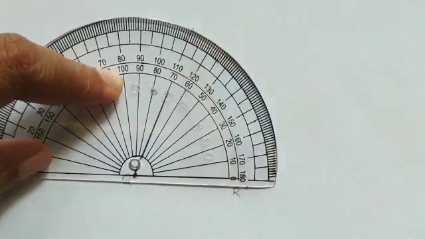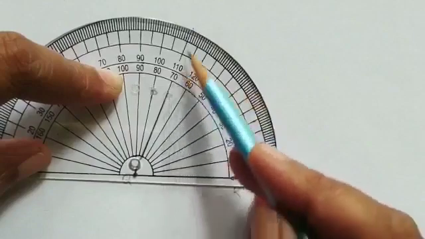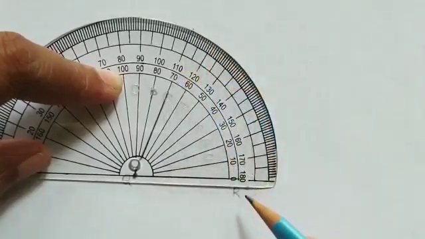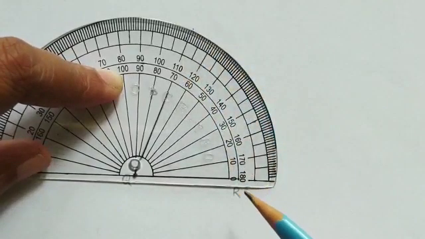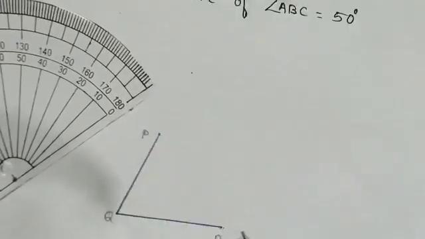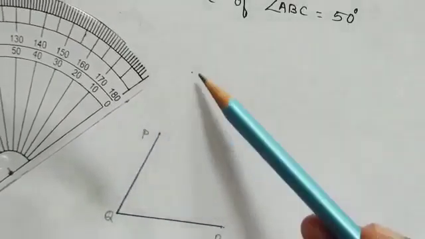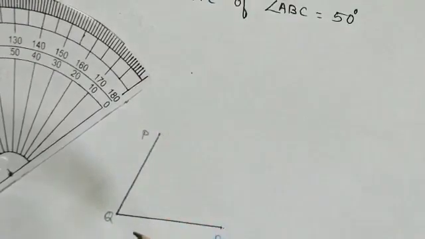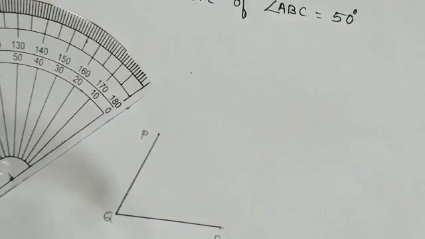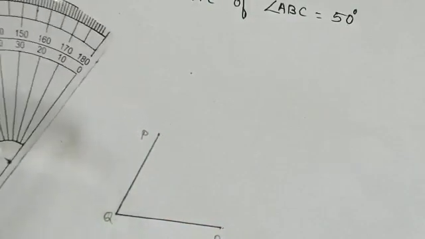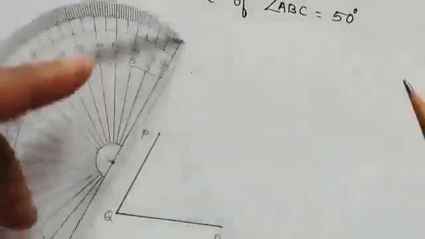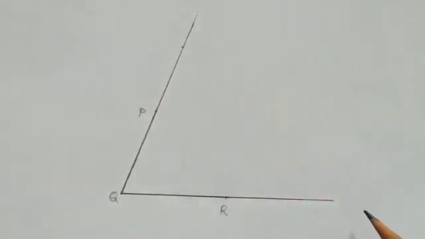If the arms of the angle do not reach these divisions, it's difficult for us to read the measurements. So if it does not reach, then we can extend the arms of the angle. Extending the arms of the angle does not change the measure of the angle. So now let us extend the arms. Now we have extended the arms of the angle, so it becomes easy for us to measure the angle.